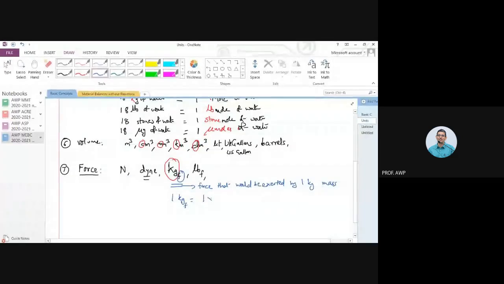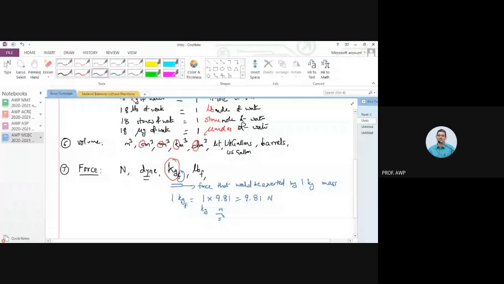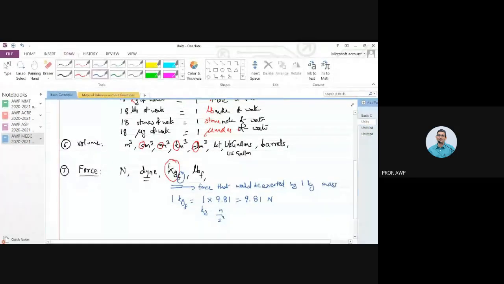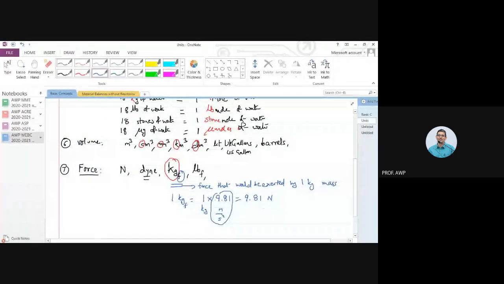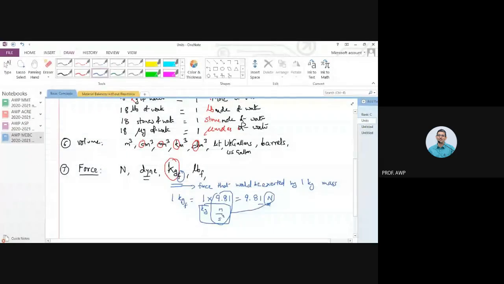The force exerted would be 1 into 9.81, that is g. So this would be 9.81 kilogram meter per second square, acceleration due to gravity. Kilogram meter per second square is nothing but the unit that we call Newton.